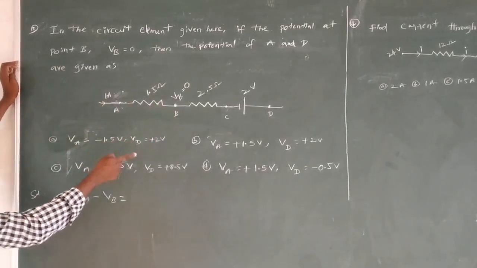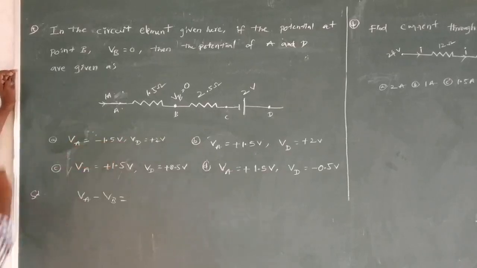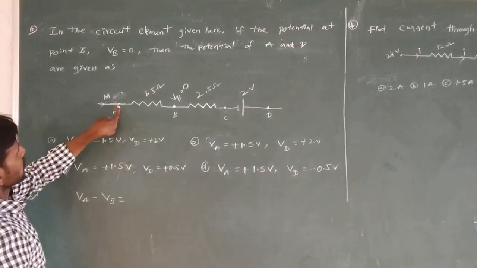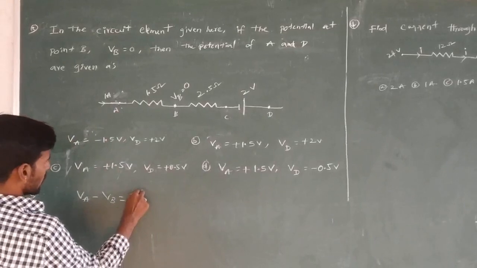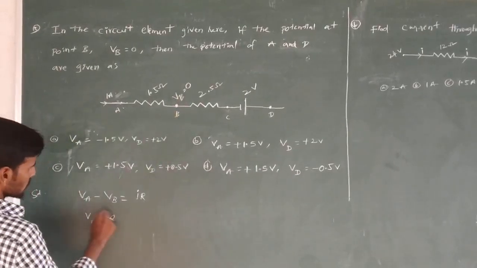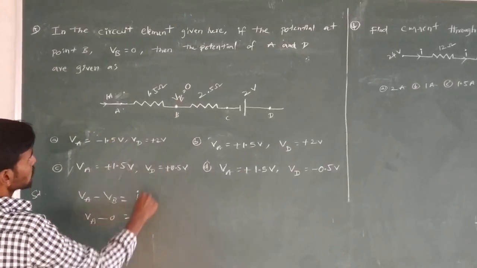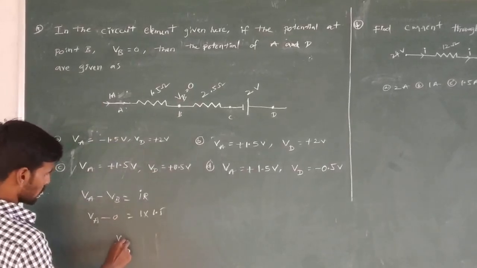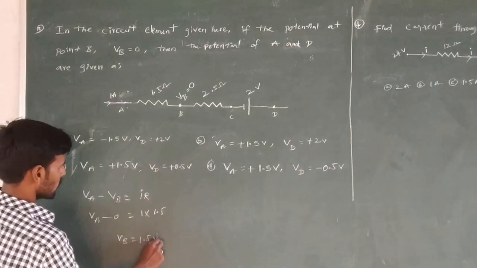Higher to lower, your potential has dropped. The potential at VB is equal to 0, the current is 1 ampere, and the resistance is 1.5, so VA is equal to 1.5 volts.